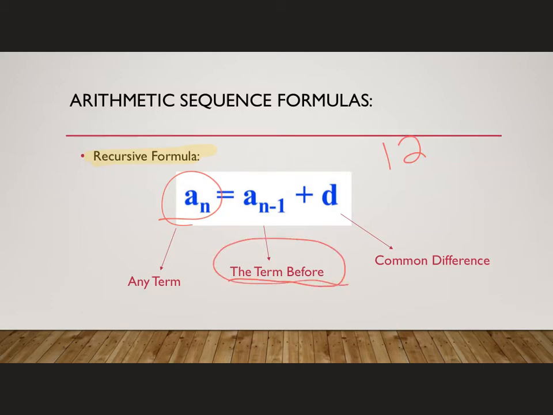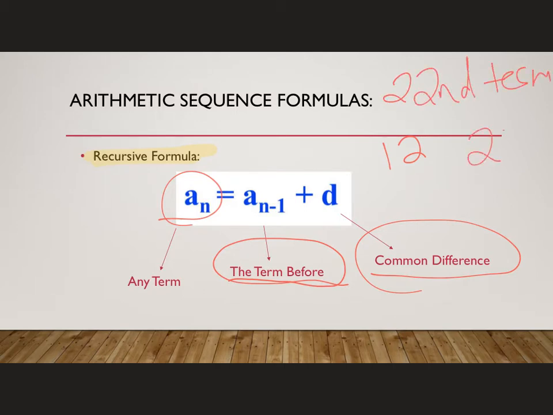And then all I do is add our common difference. So the recursive formula is great if I give you the 22nd term, right? And want the 23rd or the 24th. But it is very difficult to get any term without the term before. For the recursive formula to work, you have to know the term before.